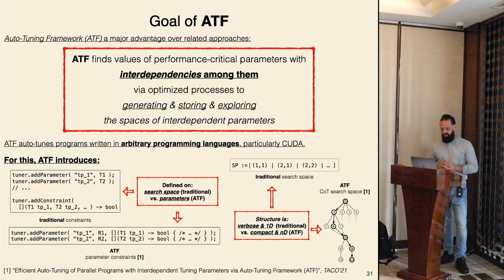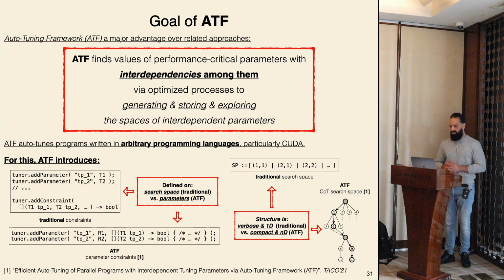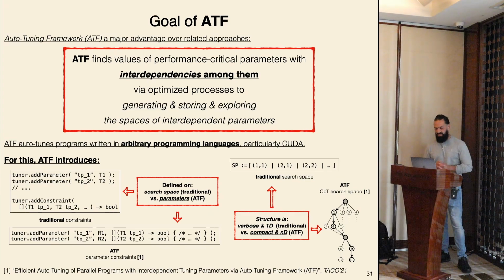And that's actually based on two major contributions here. So ATF comes up with a new notion of constraints. We define constraints on parameters rather than the search space. And we also introduce a new kind of search space representation that's particularly optimized for these kinds of constrained parameters here.